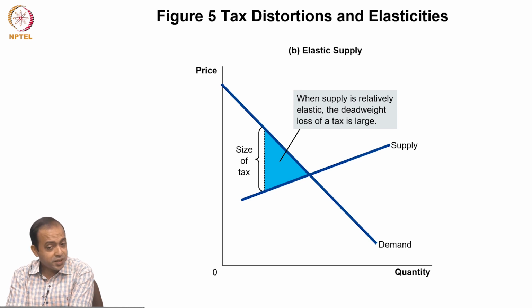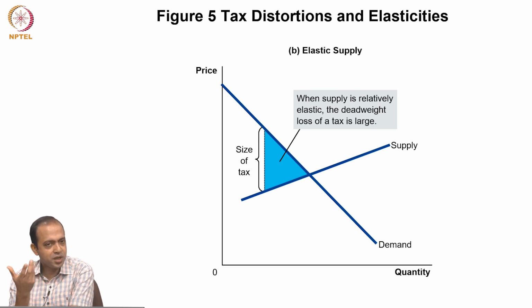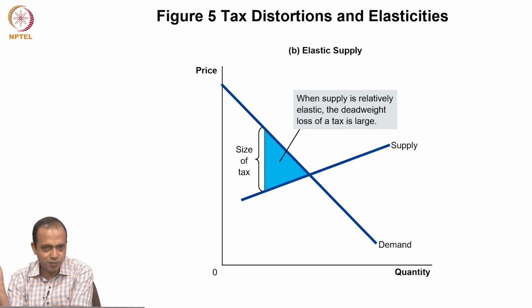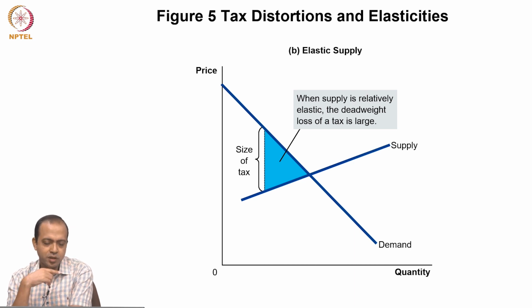When supply is relatively elastic, deadweight loss of tax is large, and that is very obvious, because elastic suppliers means there would be too much of a response from the supplier when tax is imposed. Many sellers will leave the market, existing sellers also will supply a very small amount, and that is how there would be too much loss in producer surplus, and that will determine the area of this triangle, which is nothing but the deadweight loss.